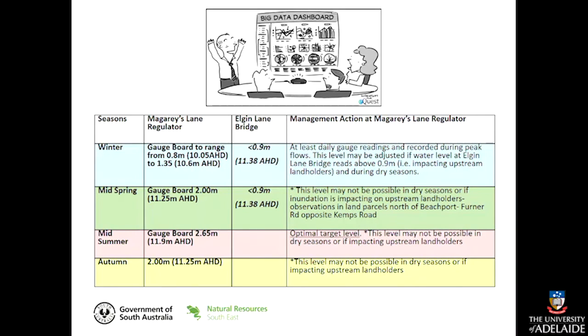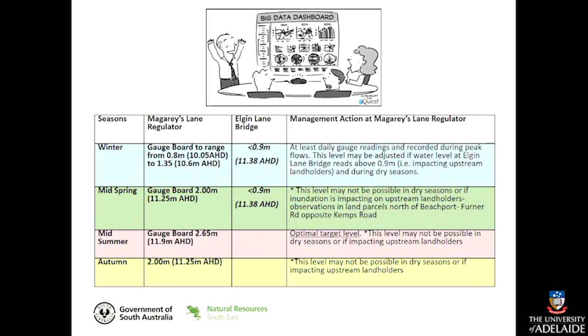This is a good outcome, because instead of someone going out when the landholders say it's a bit wet around here and they want the regulator opened a bit, there are set target levels for each season. These have been shown to benefit landholders, and the levels are intended to benefit all the surrounding landholders equally, but also the environment as well.